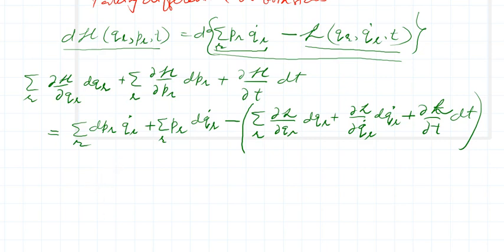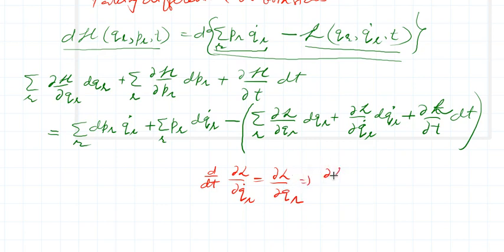So let us recall the equation that d upon dt of curly L over curly QR dot must be equal to curly L over curly QR.